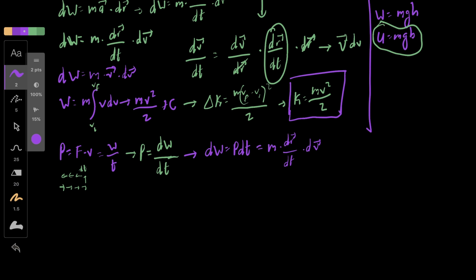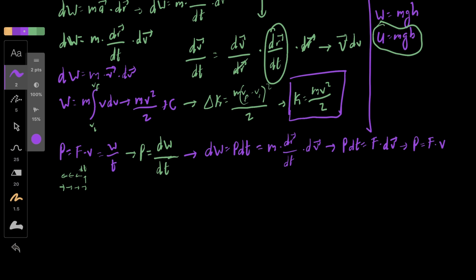So there's that, and let's continue the derivation. Over here, what we have is our dW. Reverting it back to a slightly earlier form, we get P dt is equal to force times dv, and then integrating both sides gets us power is equal to force times velocity.